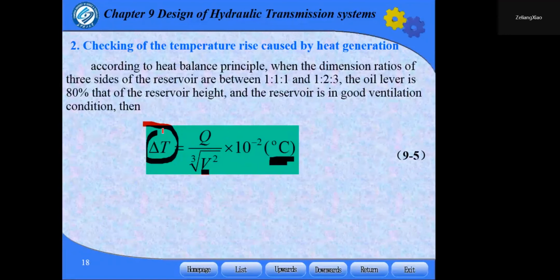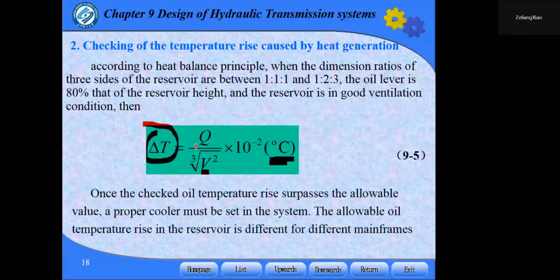So the temperature rise can be calculated in this equation. This is the input heat, and this is the effective volume. Once the oil temperature rise surpasses the allowable values, a proper cooler must be set in the system.